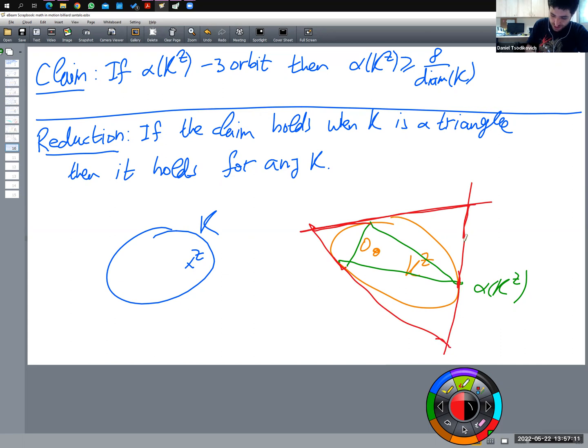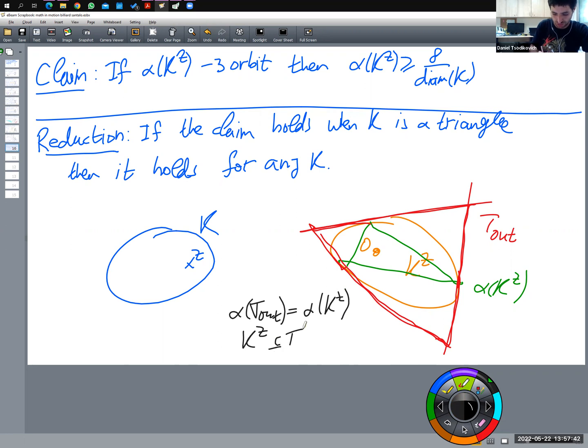And we have this exterior triangle T out. And this green line must also be a billiard orbit in T out, because I chose the tangents in this way. So then alpha of T out is alpha of Kz, and Kz is contained in T out.